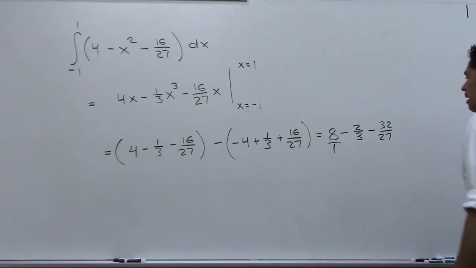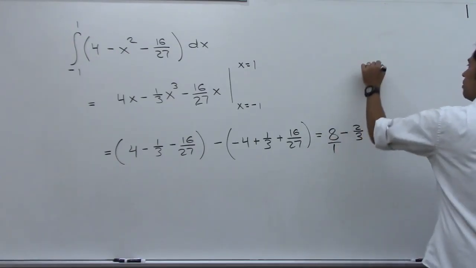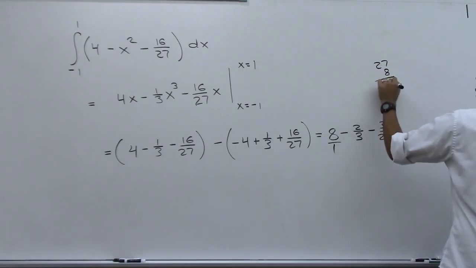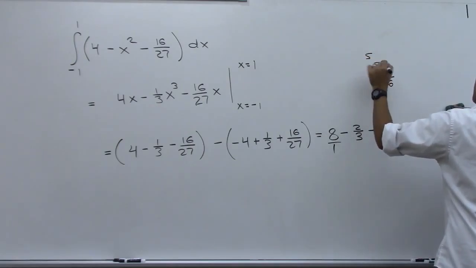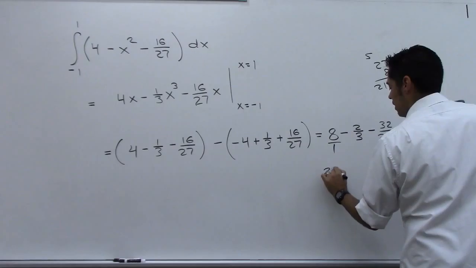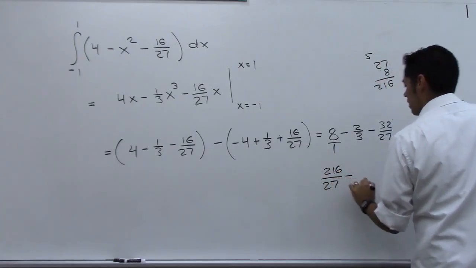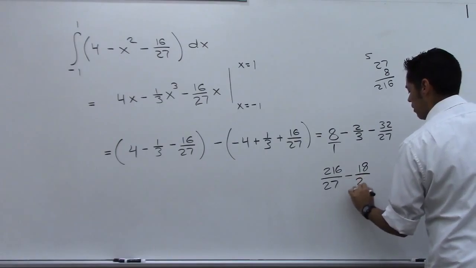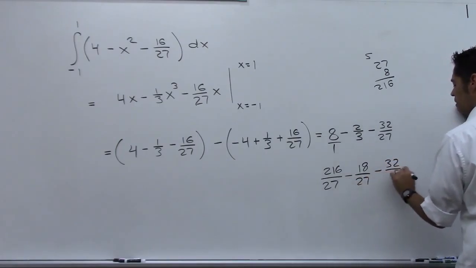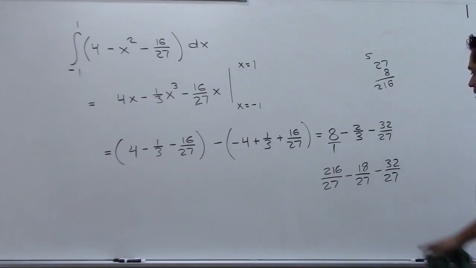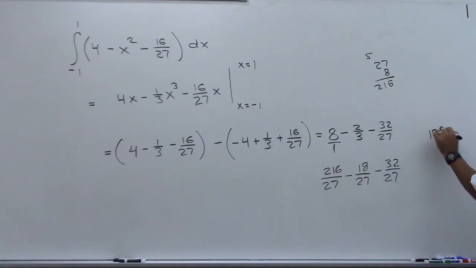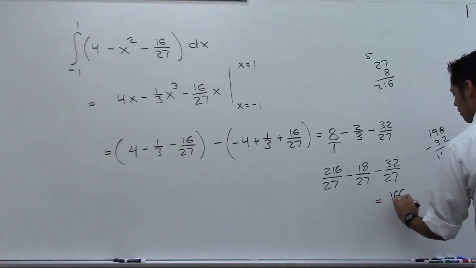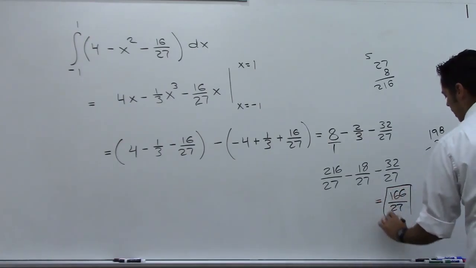So get a common denominator of 27. So 27 times 8, got to go old school here, 216 over 27 minus 18 over 27 minus 32 over 27. So 216 minus 18 gives 198, 198 minus 32, 166 over 27.